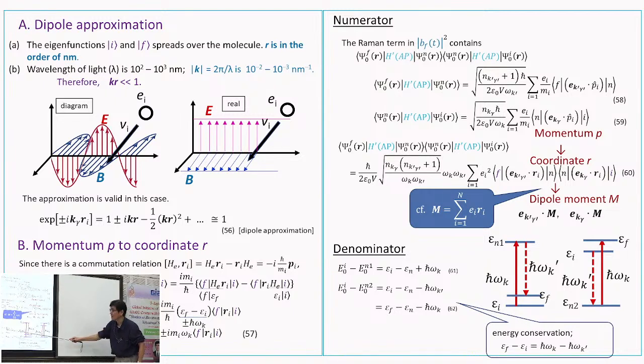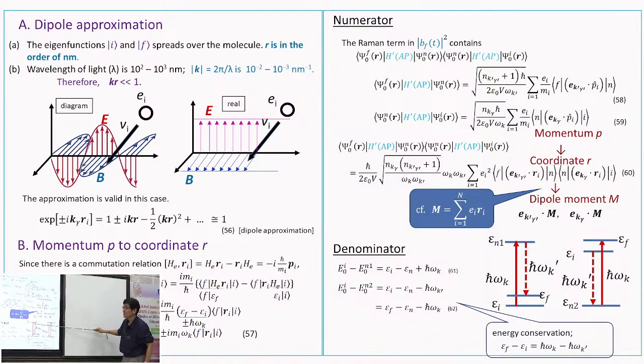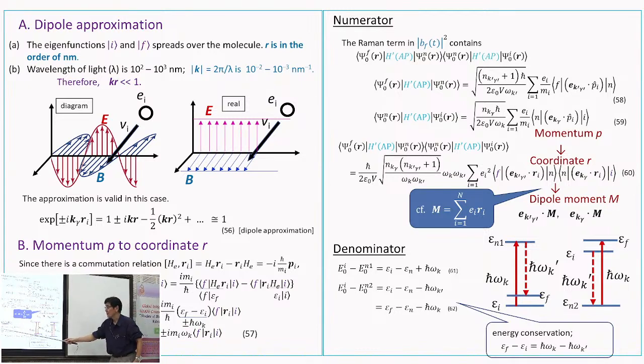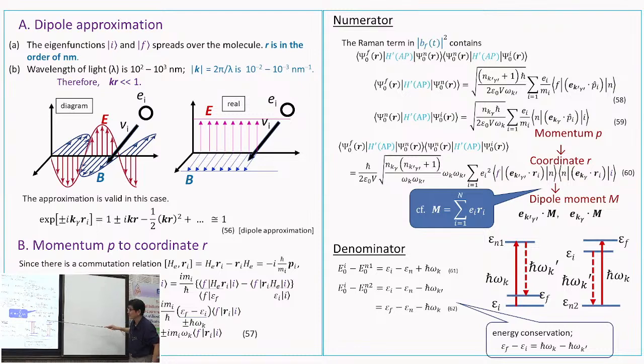E_i minus E_n1 corresponds to the energy difference between the energy of the molecule, small e_i minus small e_n, and the energy of light, h bar omega.